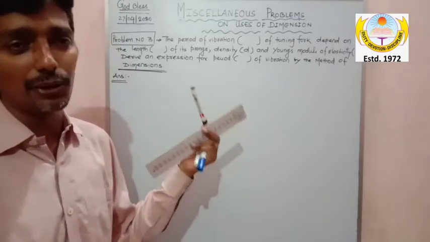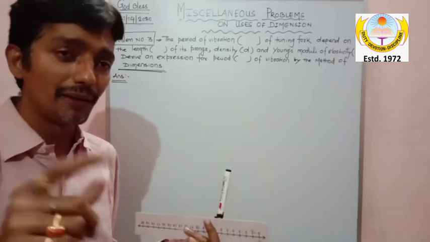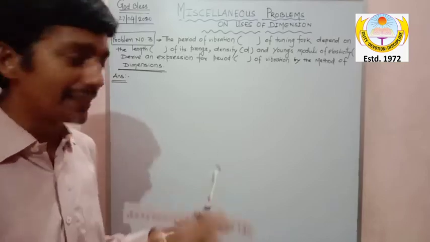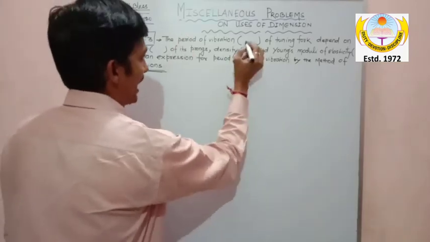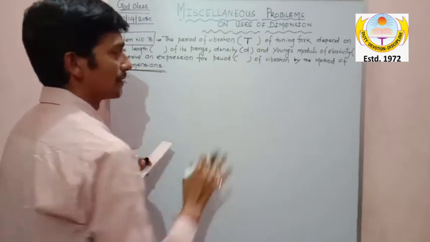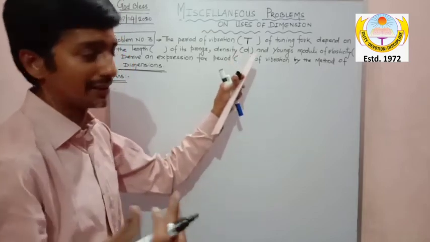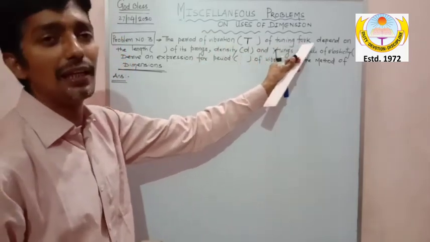I have done many questions on this, but I used to say time period of vibration, and we used to substitute capital T. But here they have missed the time word. So no issues. Even period means time, and it is denoted by capital T. I have left out the denotation so that I can explain it while discussing. So the period of vibration, that is capital T, of a tuning fork.